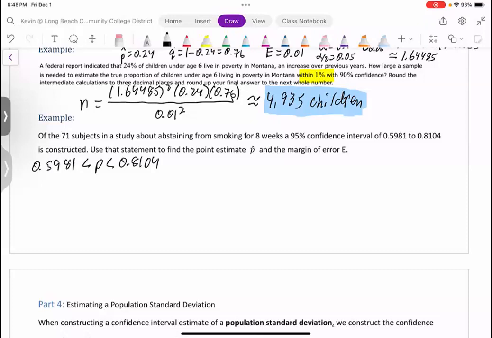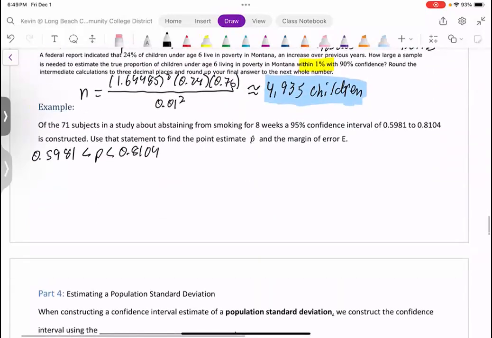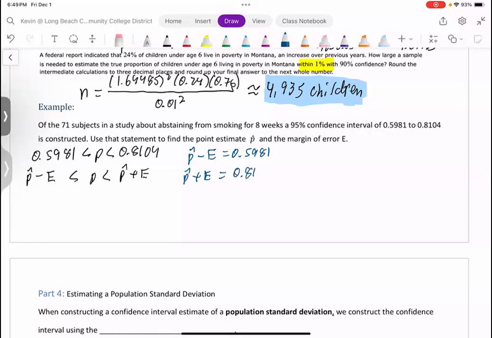Now we also know, again, from the definition up here, that p hat, which is one of the two things we're looking for, minus E, and then p hat plus E are here. What does that mean for us? That means that p hat minus E equals 0.5981, and p hat plus E is 0.8104. And if you remember from your algebra class, this is what's called a system of equations.